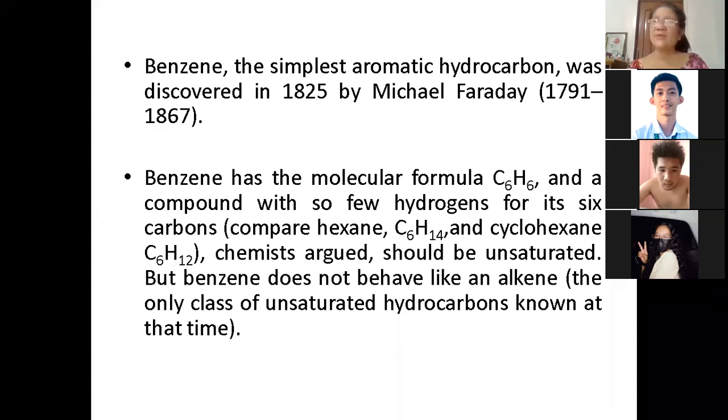So you have 6 carbons and 6 hydrogens. Few hydrogens for its 6 carbons. Compare with hexane, which has C6H14, and cyclohexane, which has C6H12, while benzene has C6H6.